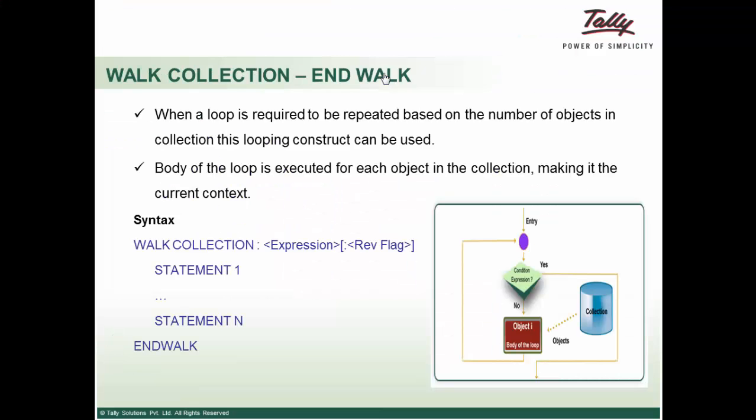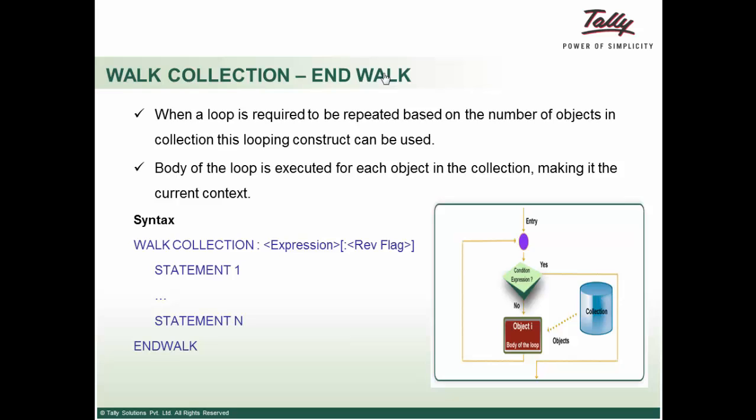Then we have walk collection. When a loop is required to be repeated based on the number of objects in the collection, this looping construct can be used. So we can have a collection created of an internal object type, and you can loop on that collection, and some set of actions can be executed.